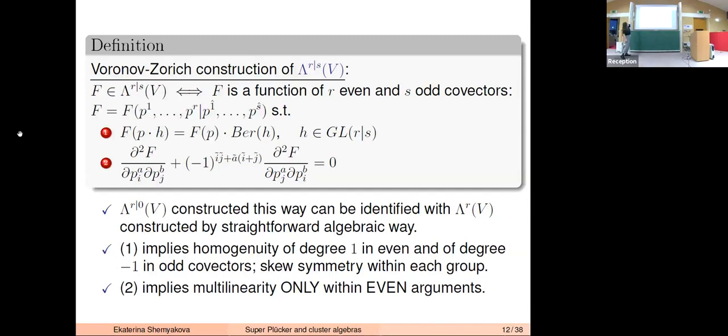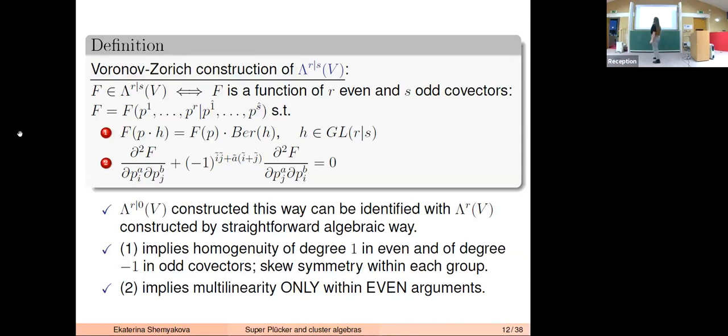So we say that F is an element of the lambda RS of V if and only if it's going to be a function, first of all, of even and odd covectors. In even covectors it's multilinear, but in odd covectors there is no such thing, but there is homogeneity of degree -1.